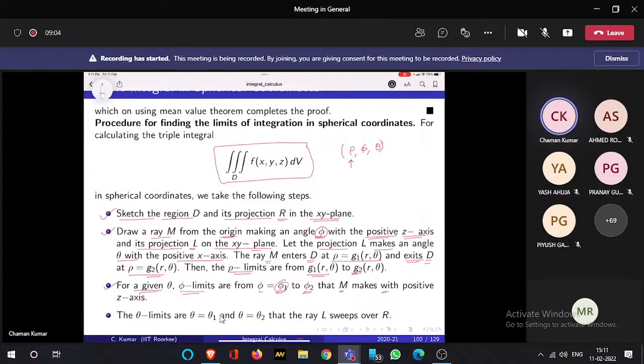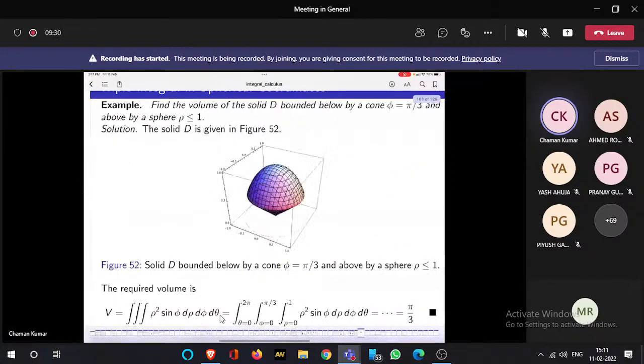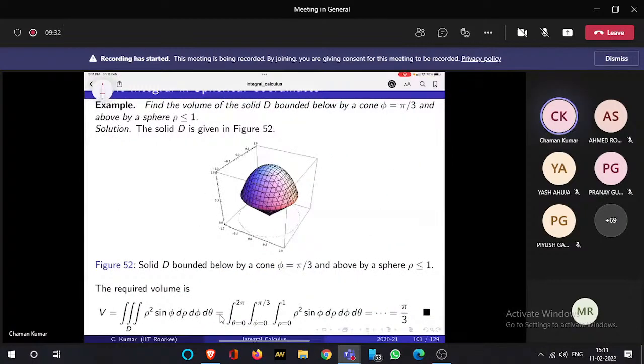It will enter the region at angle phi 1, and that gives you the lower limit of phi, and exit the region at angle phi 2, that gives you the upper limit of phi. And then in the projection, identify the range of theta in the usual way. So these are the steps that we have to follow.